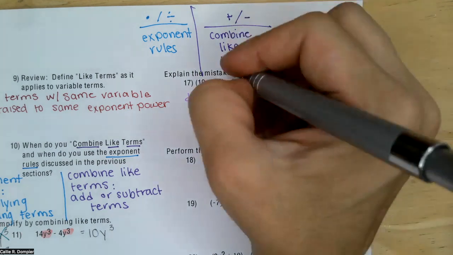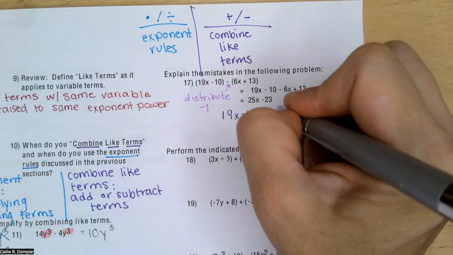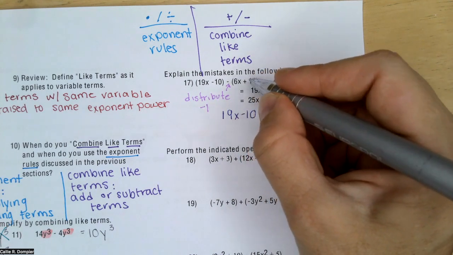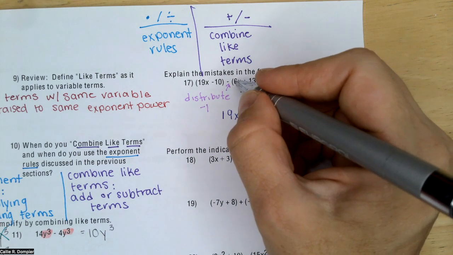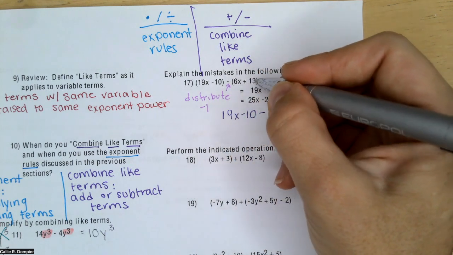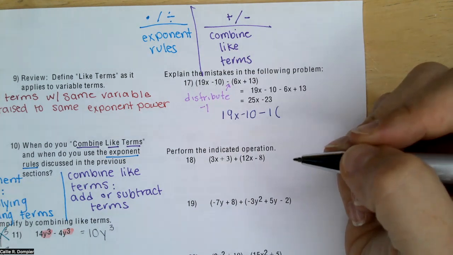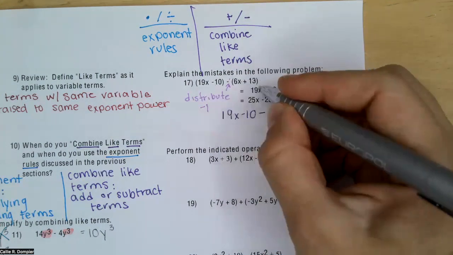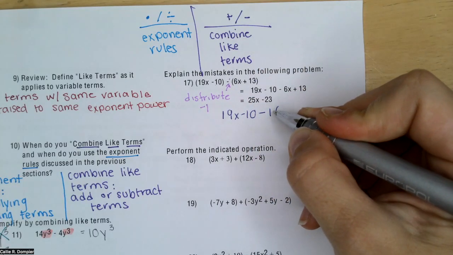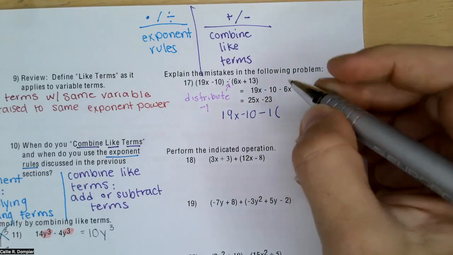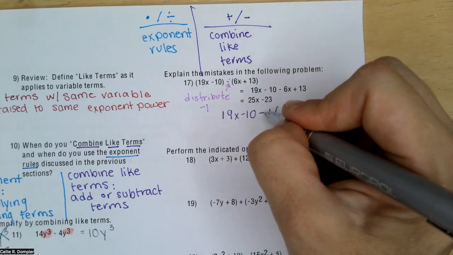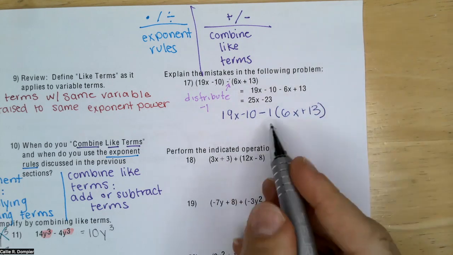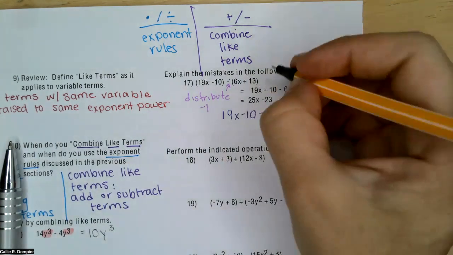However, here we have the negative being distributed to the 6x plus 13, or we're going to subtract 6x plus 13 from 19x minus 10. So minus 6x plus 13 is like multiplying both the 6x and the positive 13 by a -1. So instead of a minus, I'm going to put a -1 times 6x plus 13. Now I can remember that this needs to be distributed.